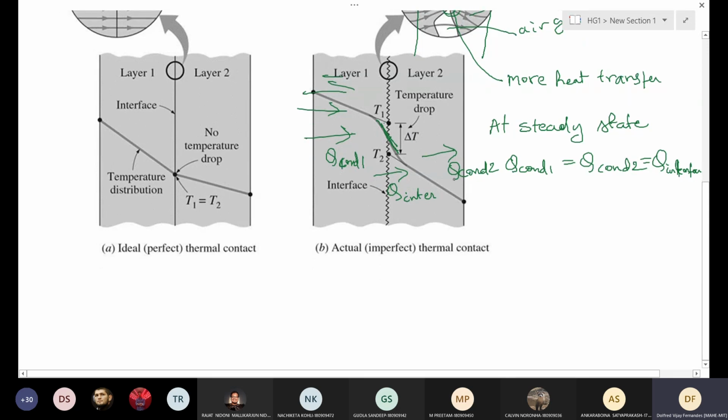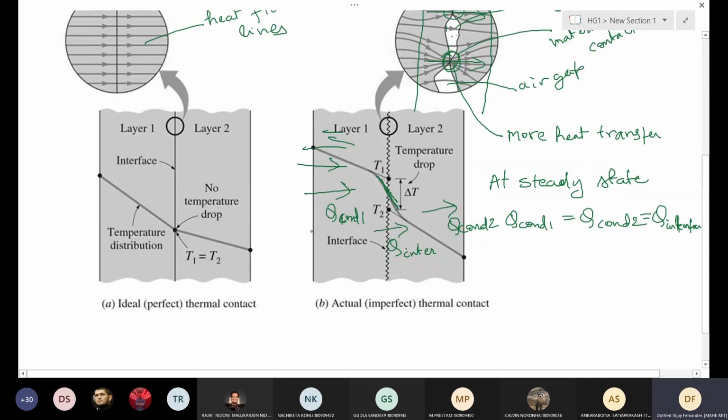So we can estimate the resistance offered to the heat transfer by experiments. There is no other way to estimate this. Only through experiments we can estimate the rate of heat transfer.